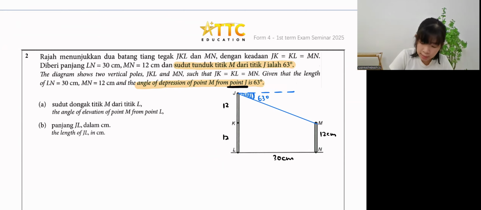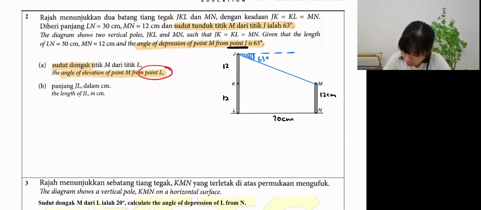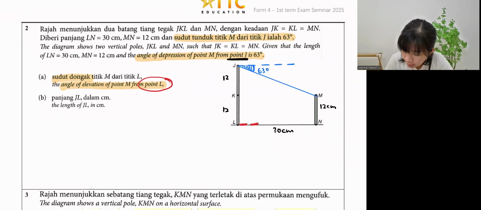Okay, question A, they ask us to find angle of elevation of M from L. Angle of elevation, sudut dongak, means the angle that you look up. From where? From L. Always go to L first. You draw eye level, a horizontal line first.